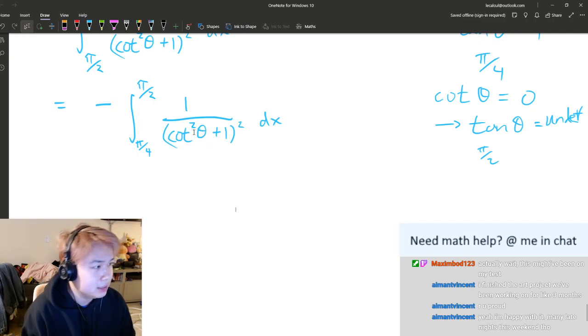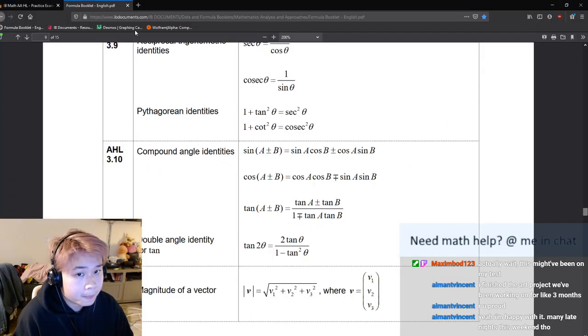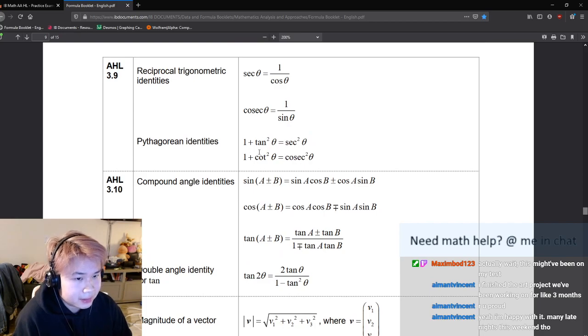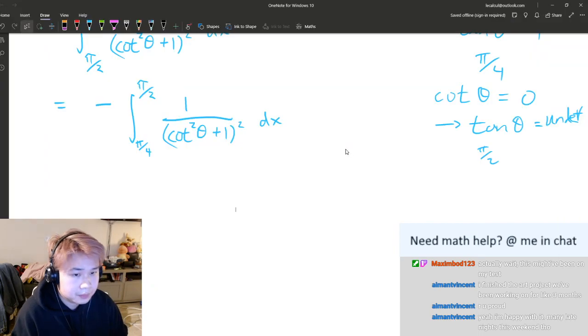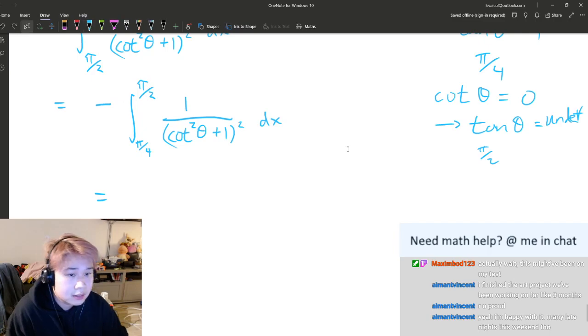Okay, trig identities. Cotangent squared plus 1 is a big hint right here. So I should probably change it to cosecant squared. And then I think everything more or less just falls into place afterwards.